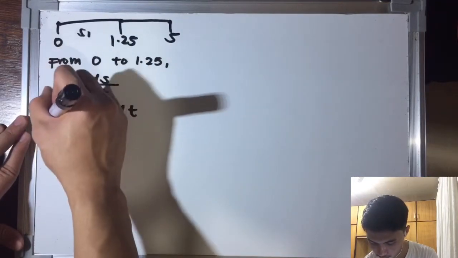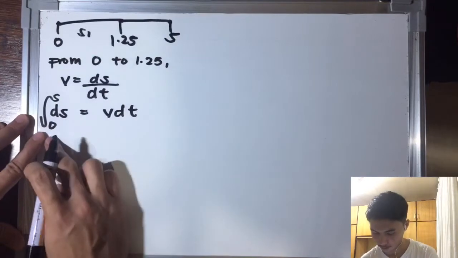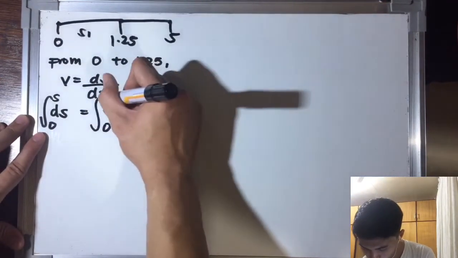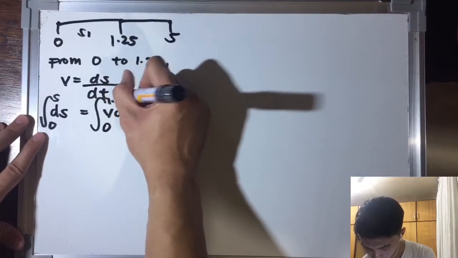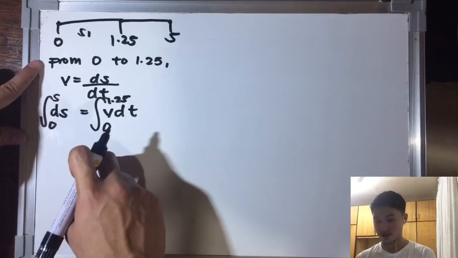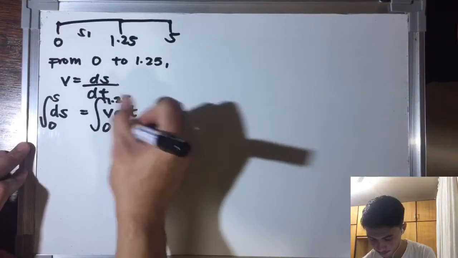So integrating both sides will give us, since this is 0 to 1.25, and then 0 to 1.25, because we are going to solve for the position from 0 to 1.25. So this is our time.